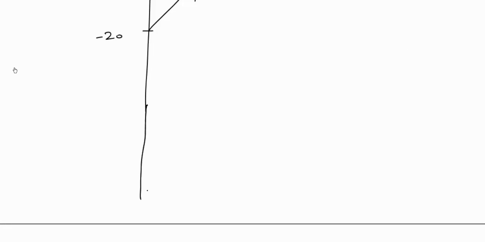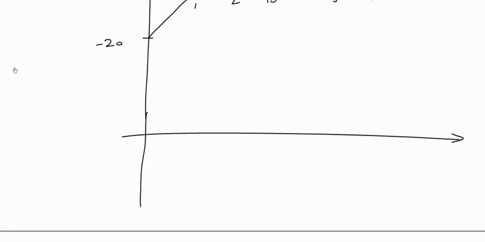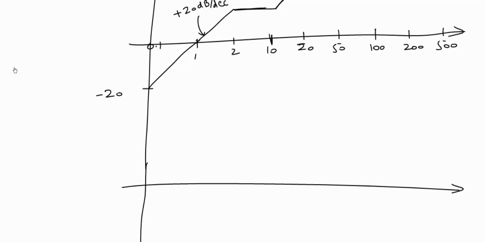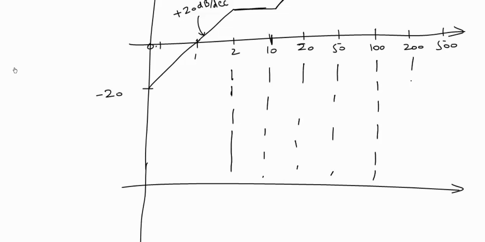Next we will plot the phase plot. Now initially I have plus 90 because of the 0.